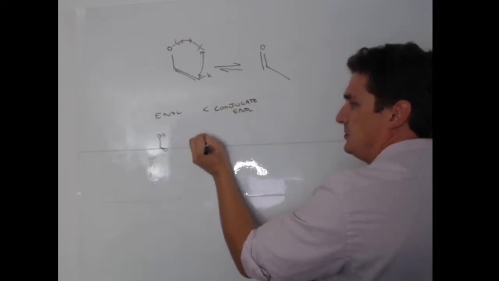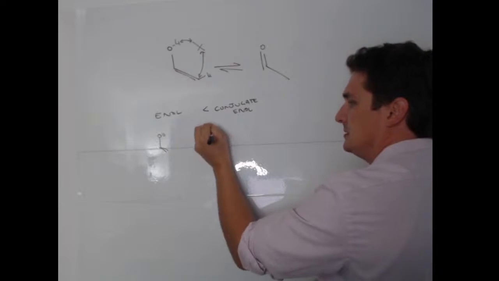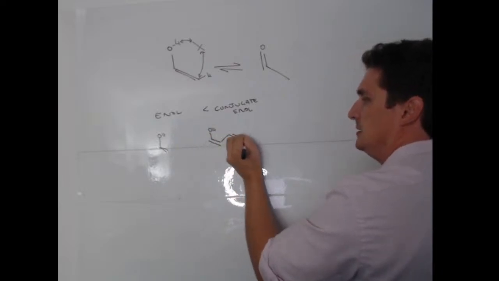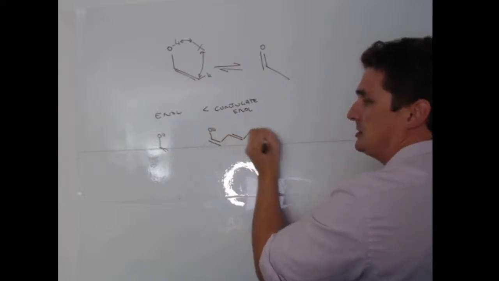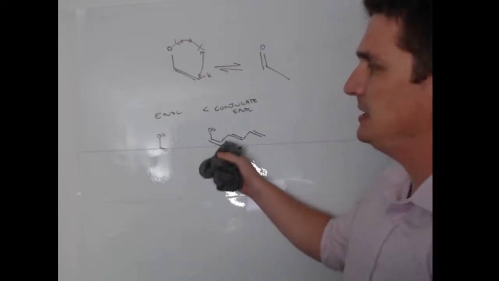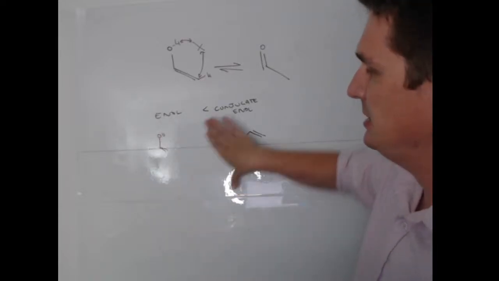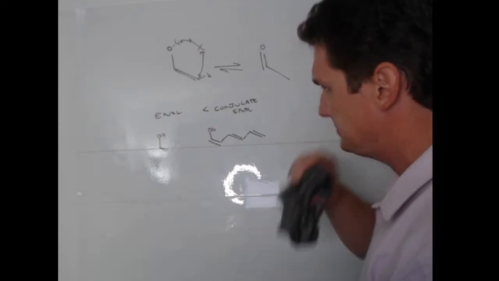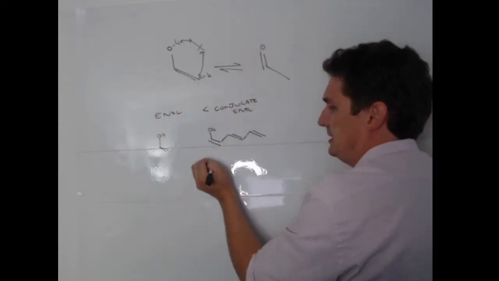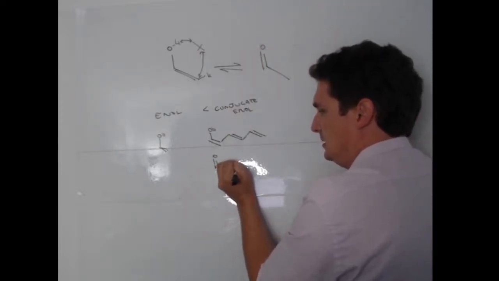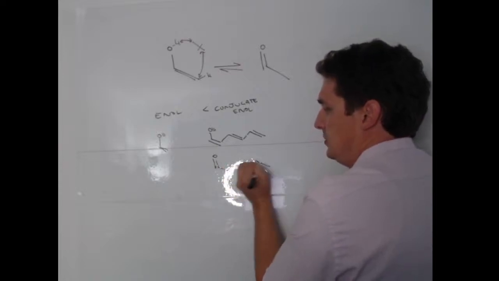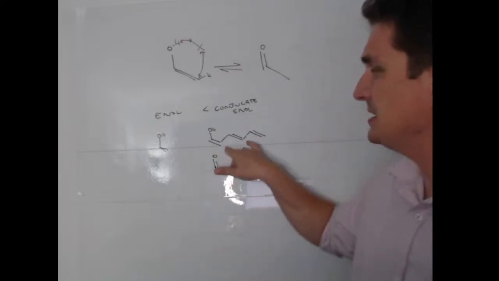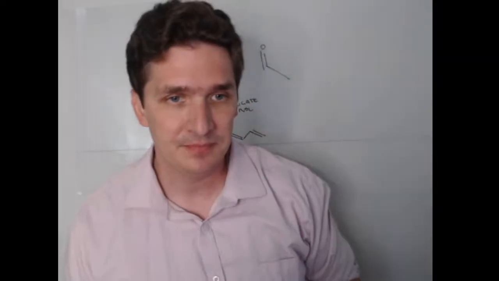If we start conjugating it, this actually ends up being more stable than just the associated enol, because in order to get to the ketone form, we have to break the conjugation, and there is a lot of stability associated with conjugation.